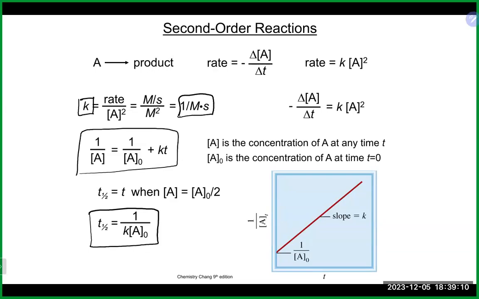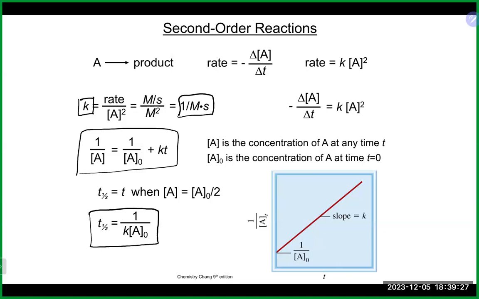So unlike first order, where the half-life is independent of the concentration that you start with, the half-life here is actually dependent on the initial concentration that you have. So it will have an effect on the actual half-life.